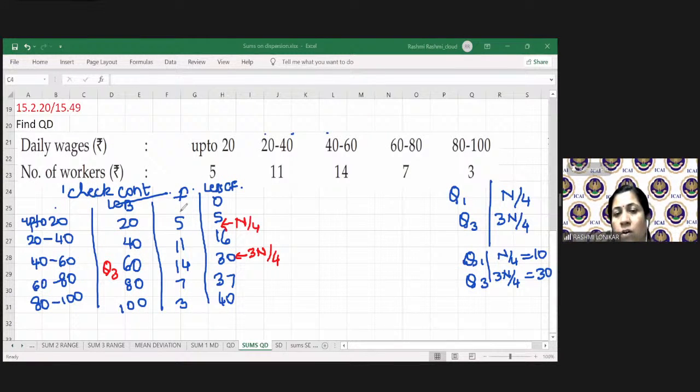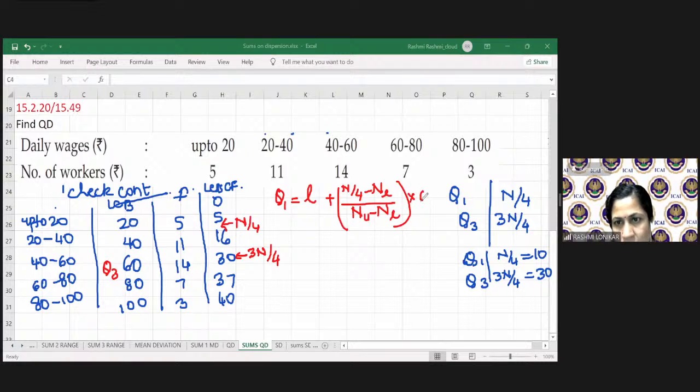Okay, so what happens for Q1? Q1 will be equal to L plus (n/4 minus NL) upon (NU minus NL) into the class width of the interval where we have Q1. What is the class width? This is 40 minus 20, that is 20.